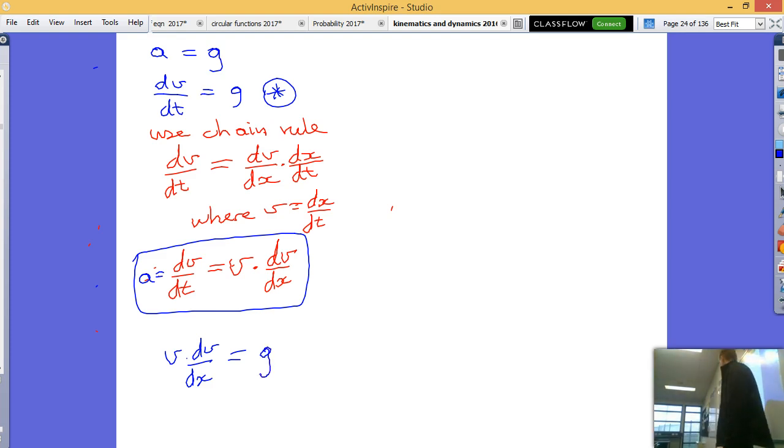Okay? So now what we have here is, let's separate our variables. v dv on this side is equal to g dx on that side. And now we're going to integrate both sides.